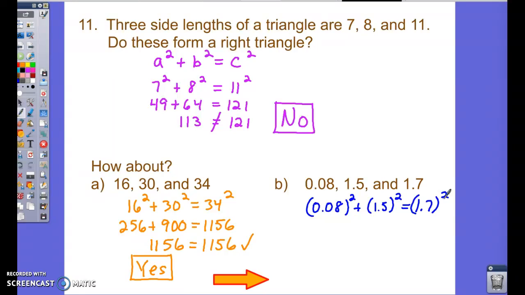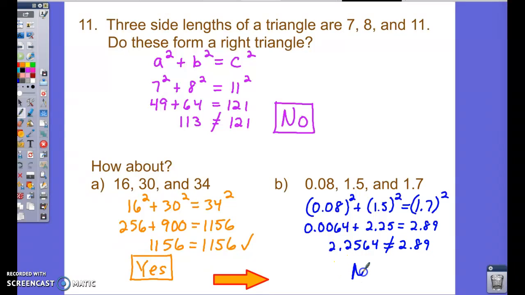On the left-hand side, don't forget you'd have to add those two quantities together. When you punch this in your calculator, you'll find that this is equal to 0.0064, this is equal to 2.25, and this is equal to 2.89. When I add those two terms together on the left-hand side, this is what it gives me.